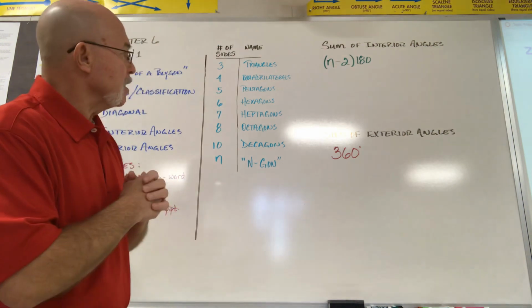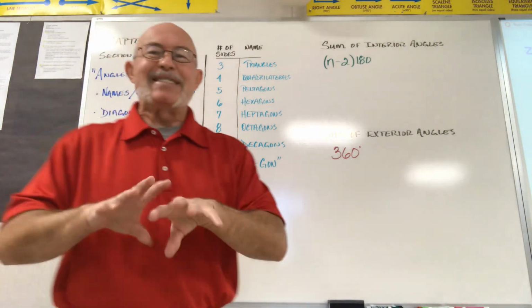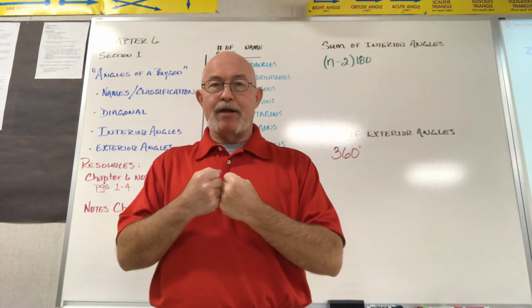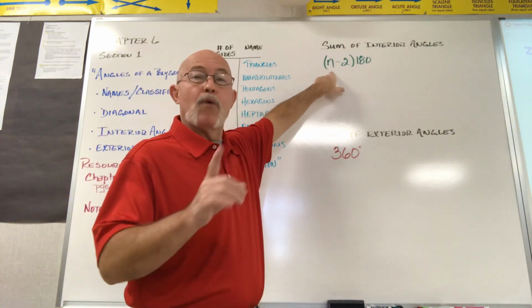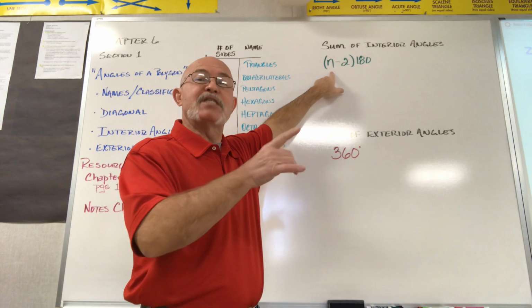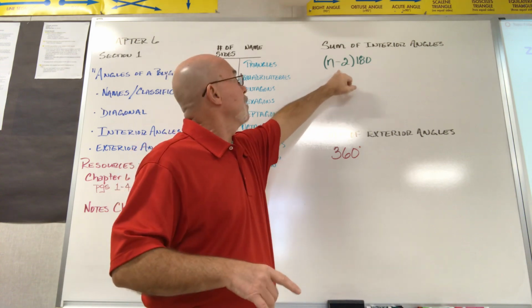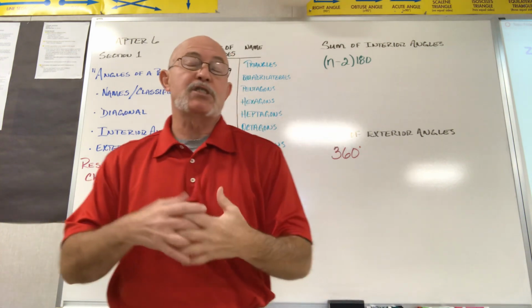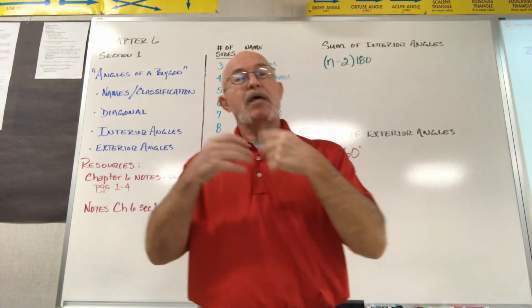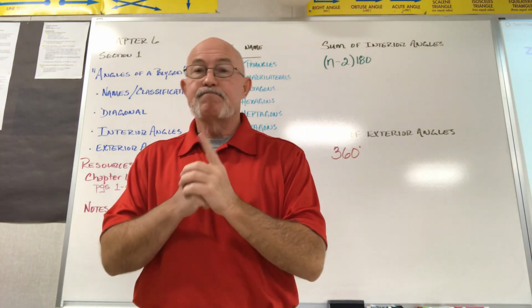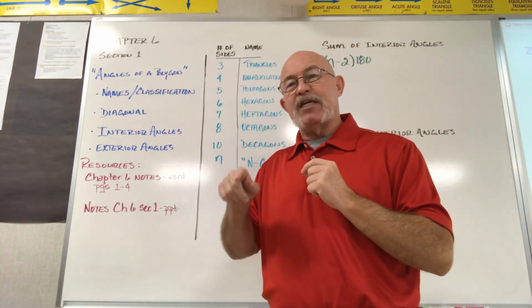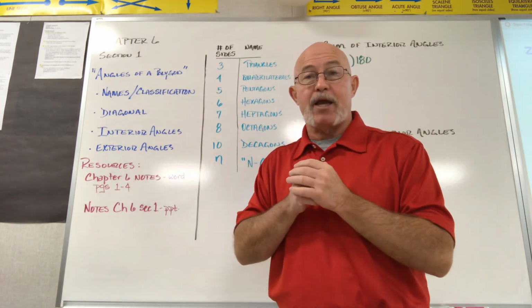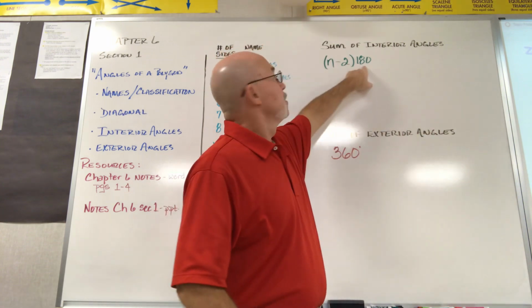Now, when we talk about the sum of the interior angles, there's a formula. N represents the number of sides, and (n minus 2) times 180 gives you the sum of the interior angles. Let's think about why this works. We all know that the sum of the interior angles in a triangle is 180.